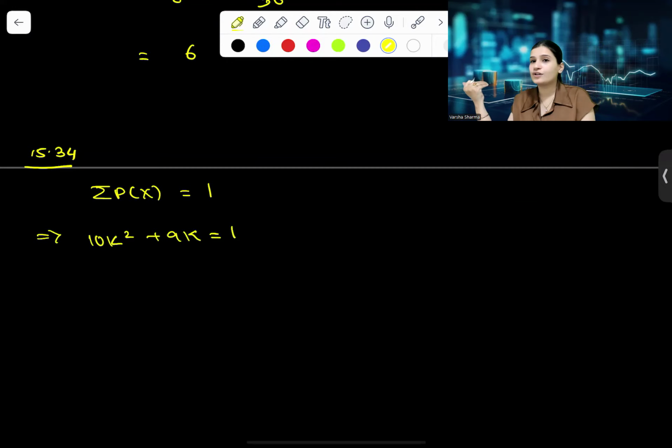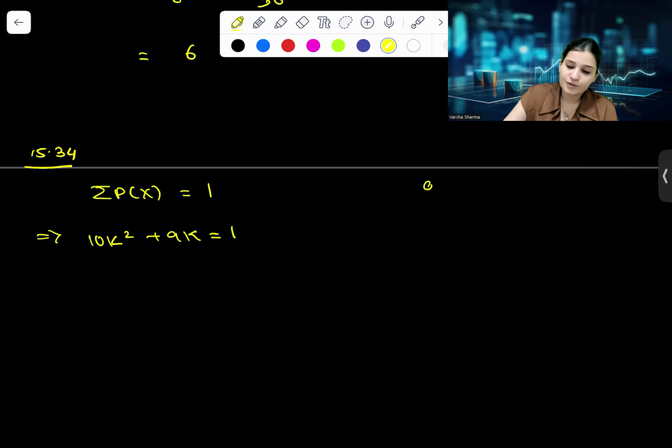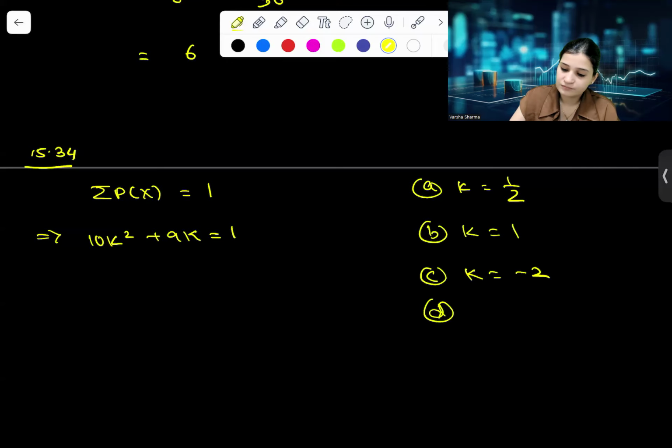You'll have several values of k to do trial and error from. I'll give you the options: k is 1 by 2, k is 1. Can k be 1? No, because in some cases I've written 7k square, so how can the probability be 7?